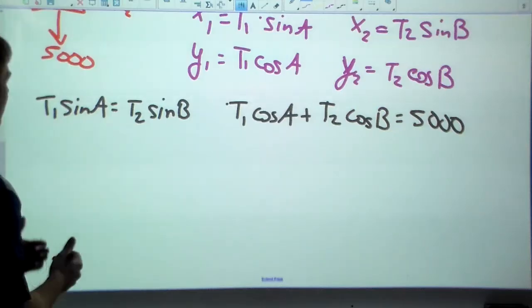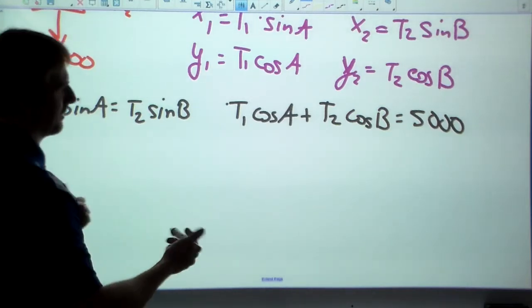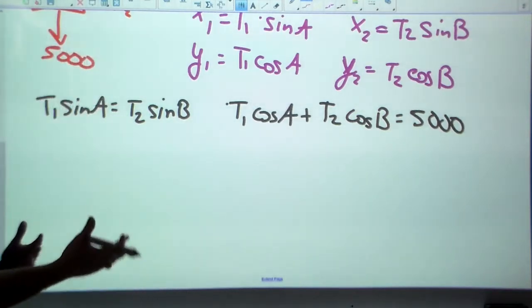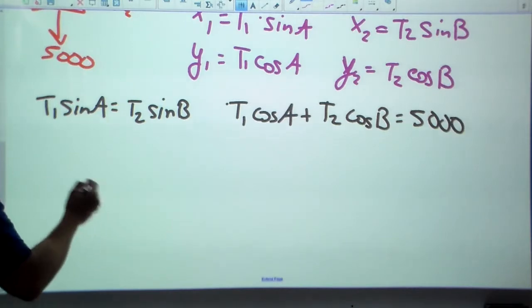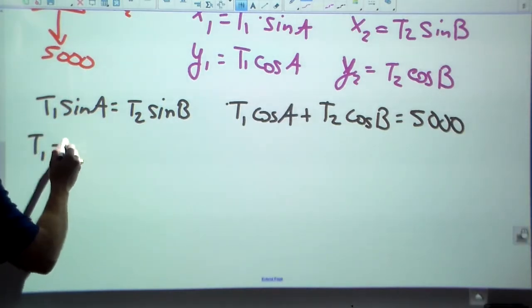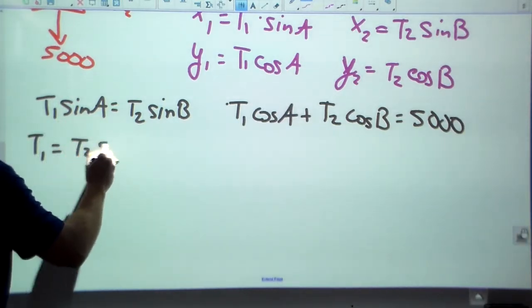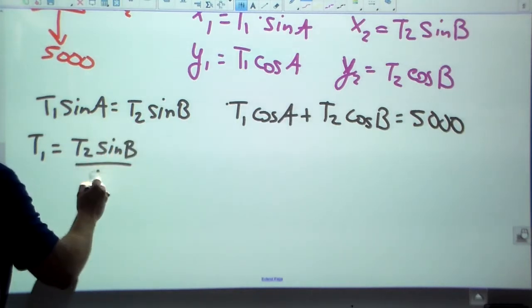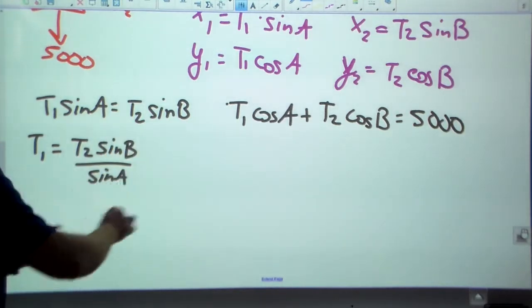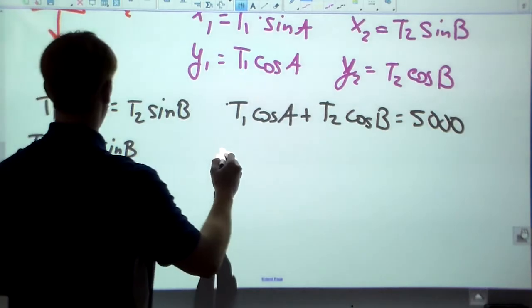And as usual, now I've got T1 and T2 in both equations, so I need to do some substitution or elimination if you're really of interest. Substitution seems to work well. So I'm going to solve for T1. That's going to be T2 sine B divided by sine A. So that's going to plug in over here for T1.